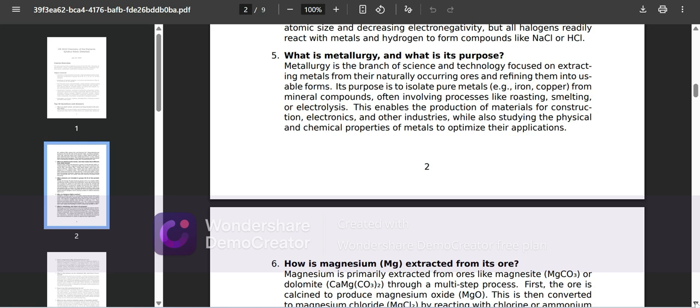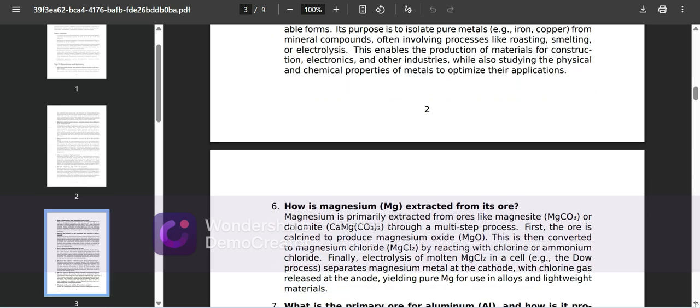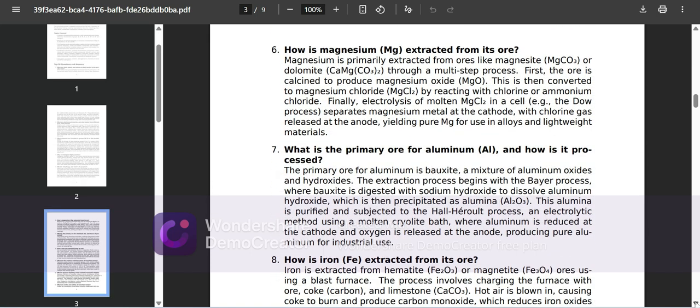This enables the production of materials for construction, electronics, and other industries, while also studying the physical and chemical properties of metals to optimize their applications.